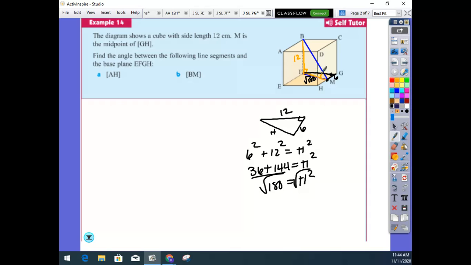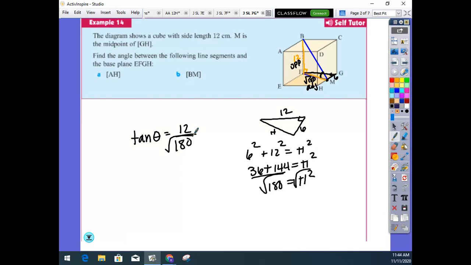To find this angle here, I'm going to use this as my opposite and this as my adjacent. So tangent of my angle equals 12 divided by the square root of 180.